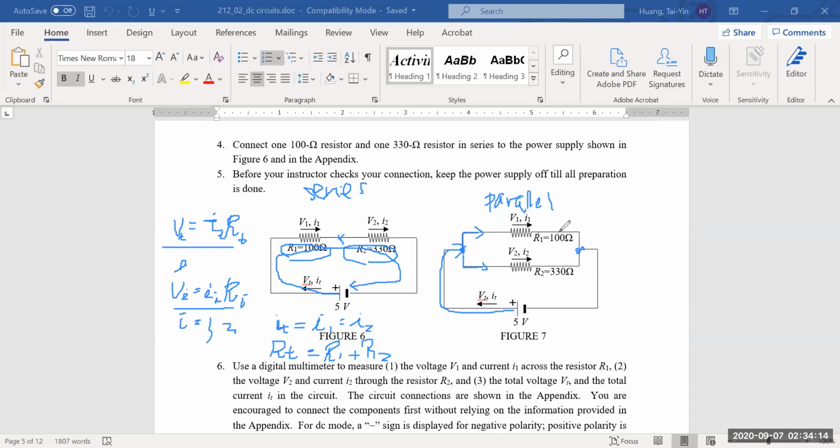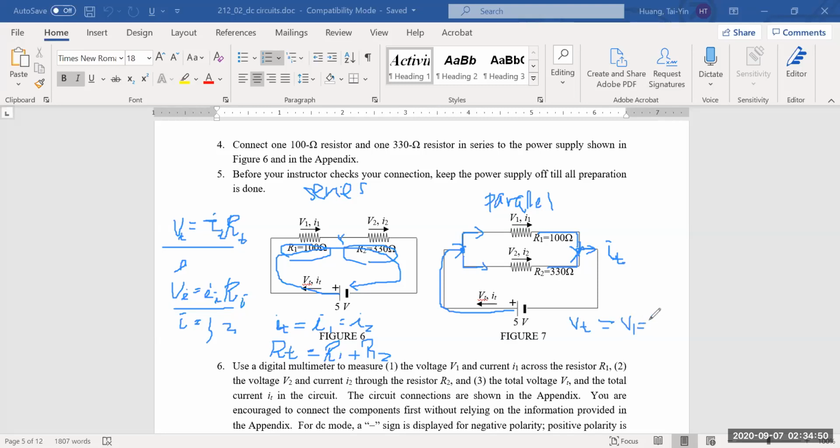The I1 will continue to this point, and your I2 will continue to that point, and then they merge. Once they merge at this point and come out, that's still your I total. So that's how the current splits and combines, and the whole thing remains I total. The characteristic of a parallel circuit is that your V total is the same value as your V1 and V2.